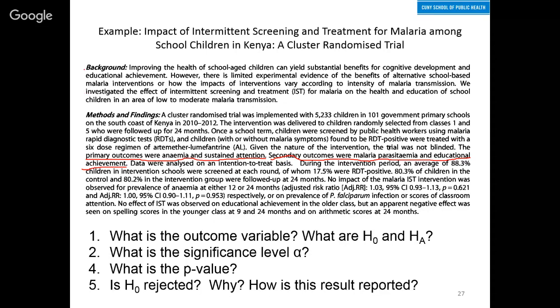They don't explicitly say it, but based on the fact that these are 95% confidence intervals, I'm going to say that the significance level alpha was 0.05. Here's the p-value. And was H0 rejected? No, H0 wasn't rejected.